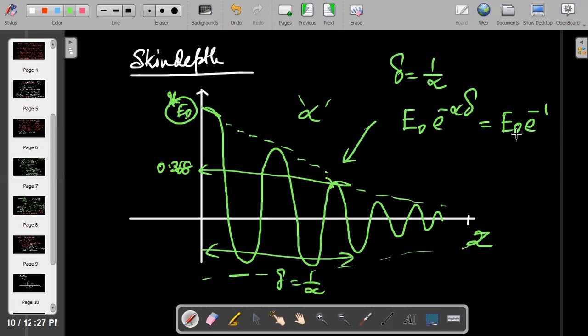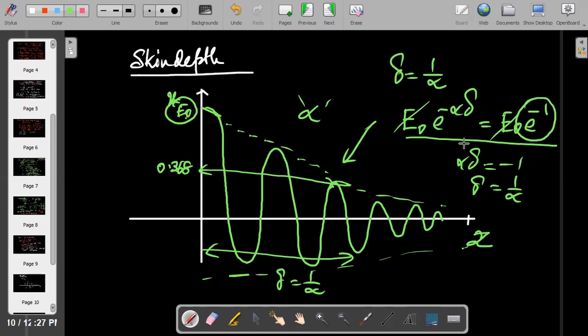Why is it coming? Because if you compare this equation, E naught cancels. Alpha into delta is nothing but -1. So delta is coming 1 by alpha. So 1 by e times, if you calculate in a calculator, it will come 0.368.